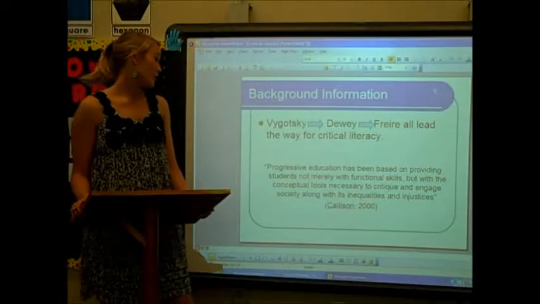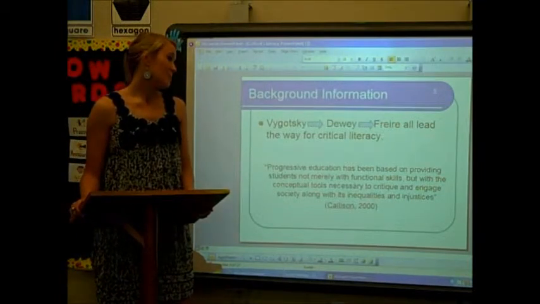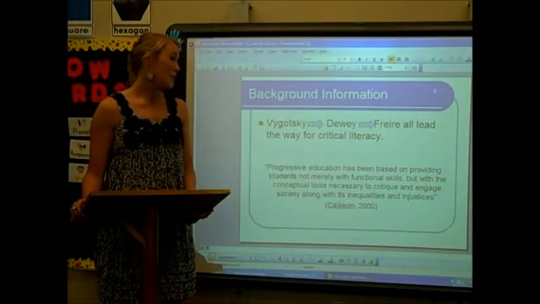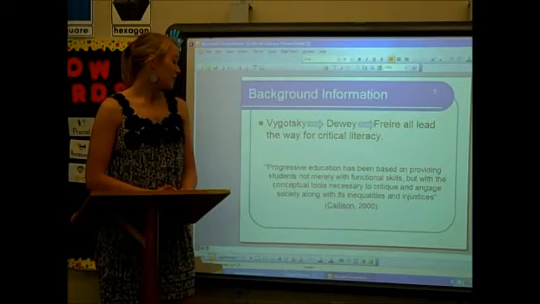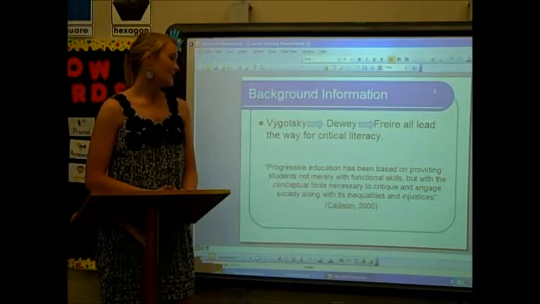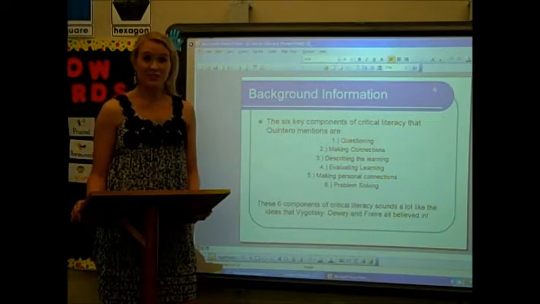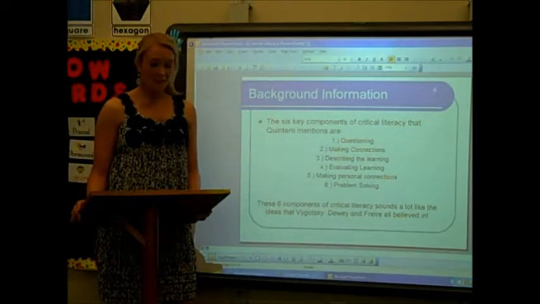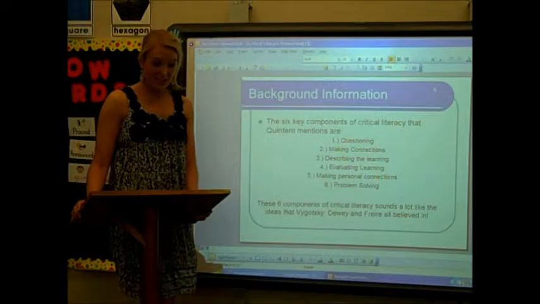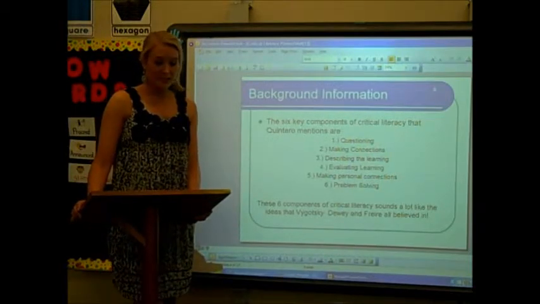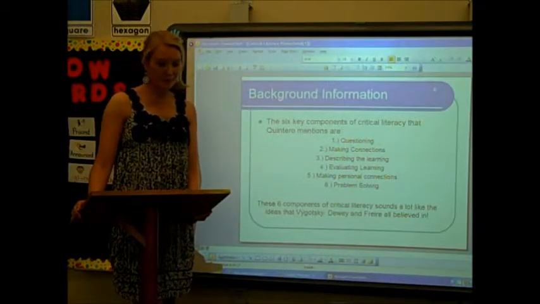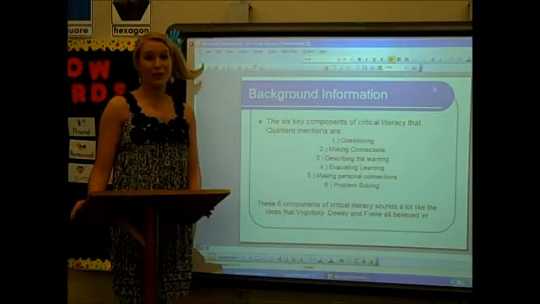Callison writes in his article, "Progressive education has been based on providing students not merely with functional skills, but with the conceptual tools necessary to critique and engage society along with its inequalities and injustices." These progressive teachers realized that learning goes deeper than memorization and valued the importance of thinking critically, problem solving, analyzing, and interpreting.